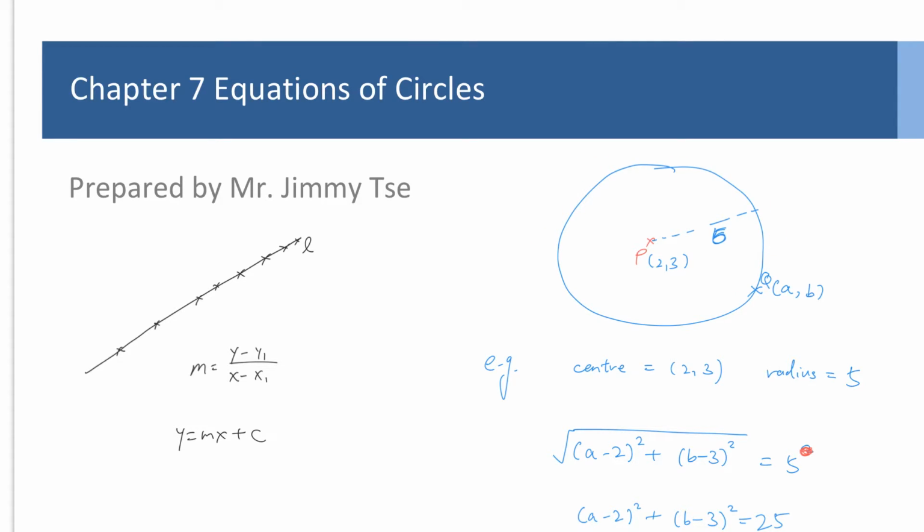I know all the points on the circumference also satisfy this equation because the distance between this point and (2, 3) is equal to 5. This one is called the equation of circle.